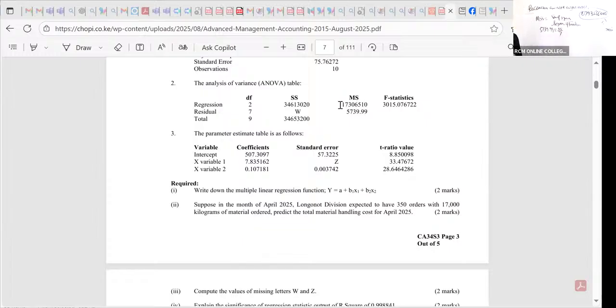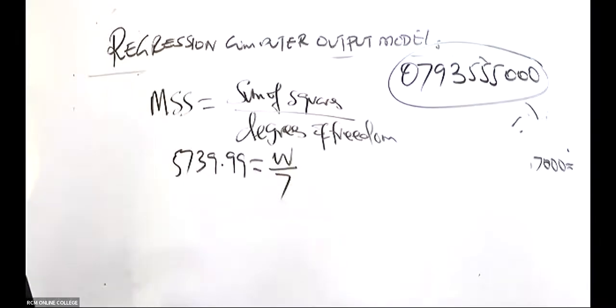So then I can easily make W the subject of the formula.